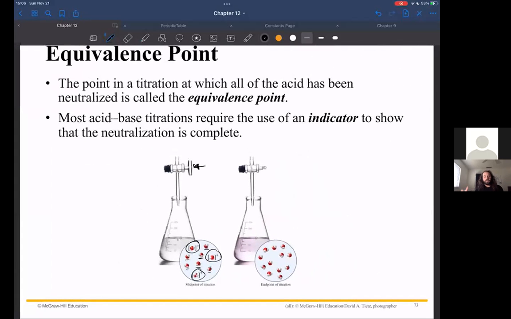So I'm going to continue to add until I get to what's called the equivalence point. This is the exact point at which all of that acid has been neutralized. So after my titration is over, I'm going to stop, right?